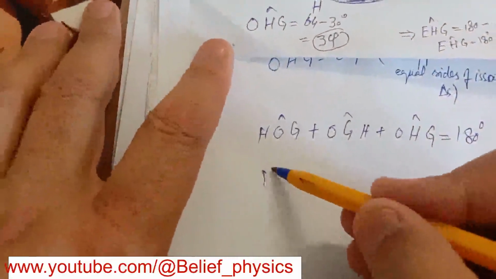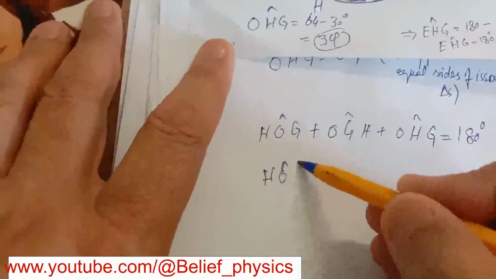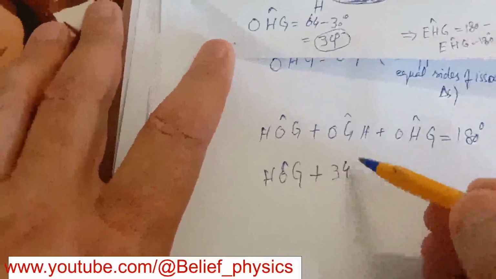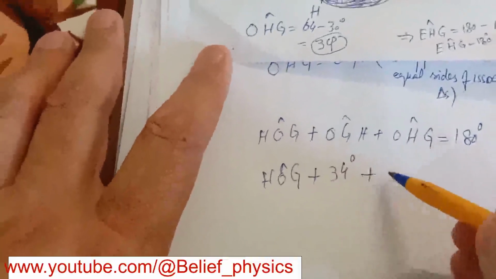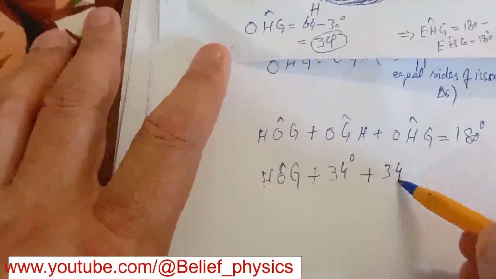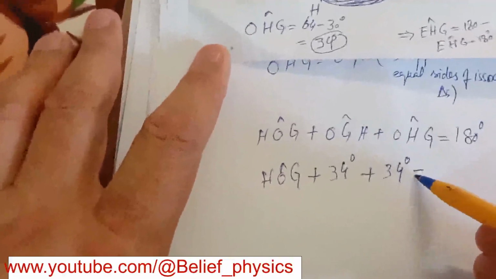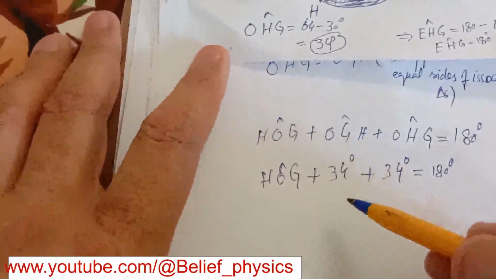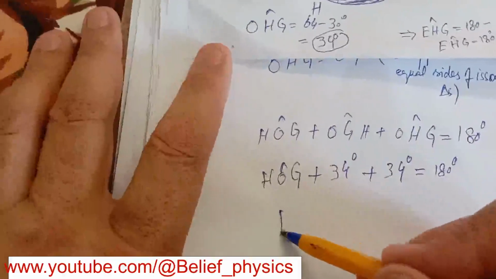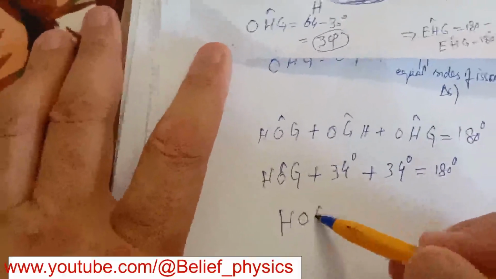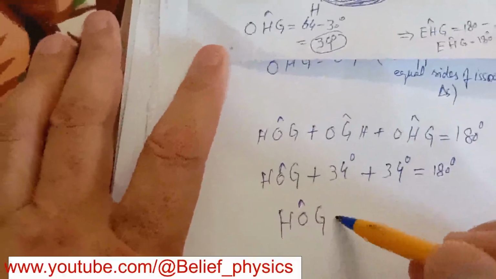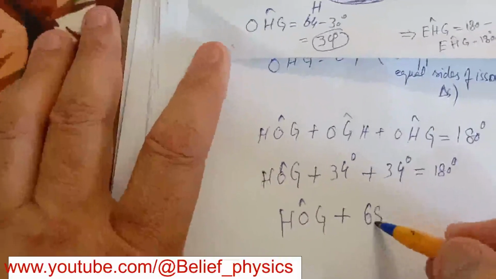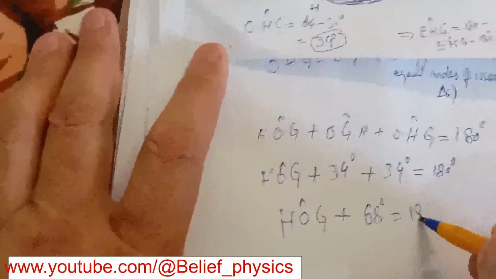HOG plus 34 plus 34, which is 68, should be equal to 180.